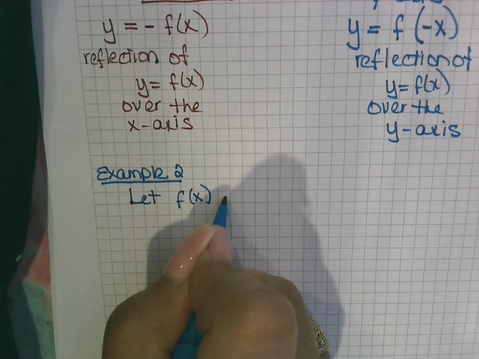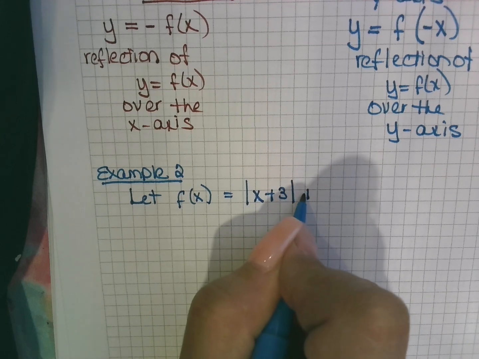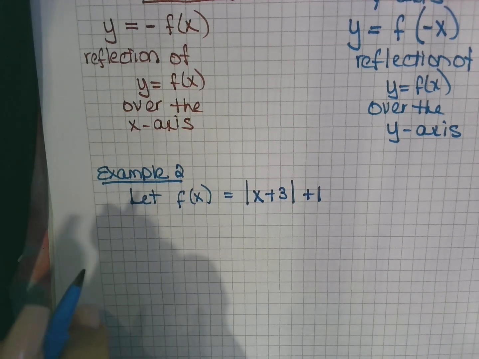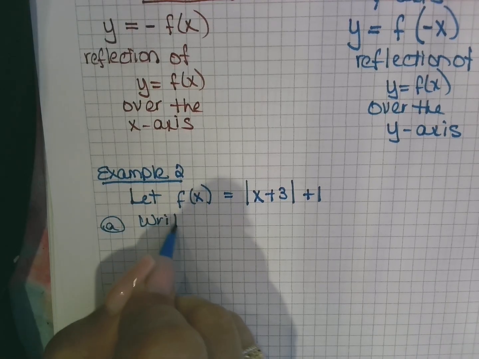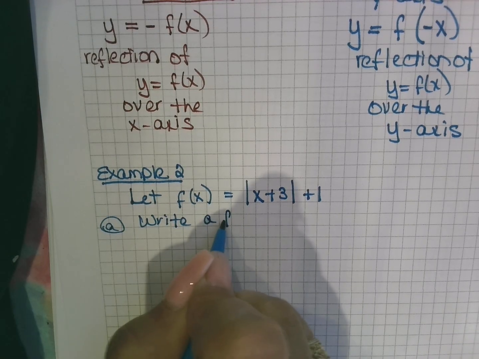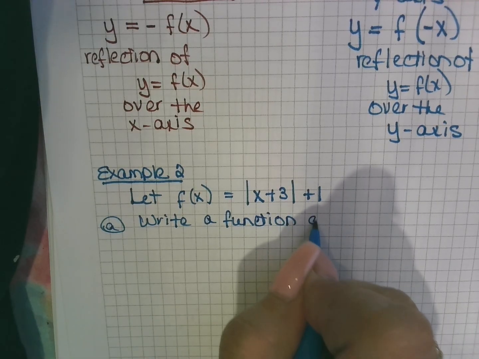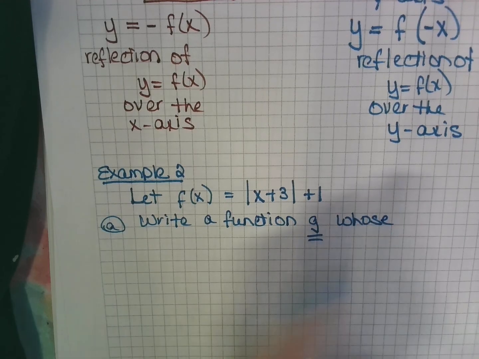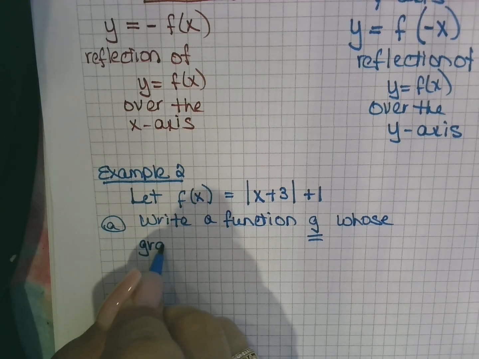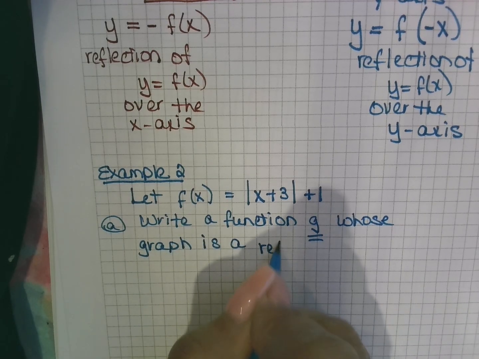All right, so let f of x equal the absolute value of x plus 3, plus 1. So this is our given thing. And in part A, we want to write a function, and we want to call it g, whose graph is a reflection.